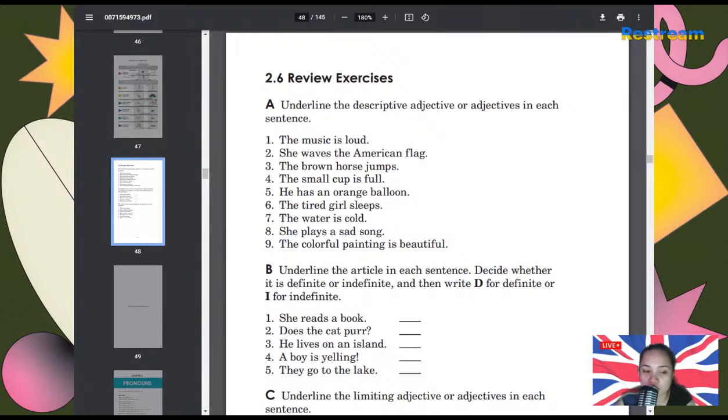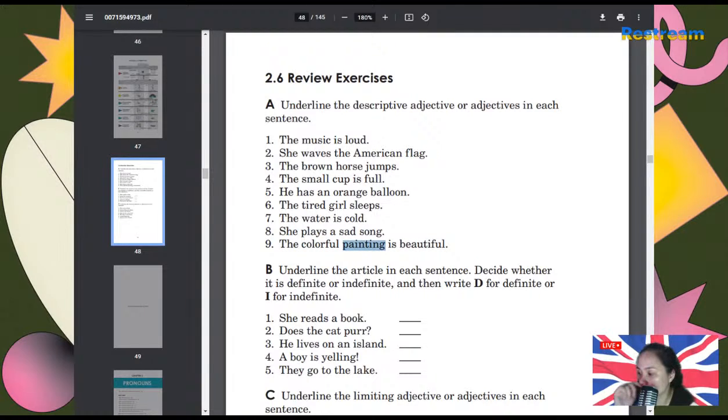So now next one: the colorful painting is beautiful. So this is the last number. The colorful painting is beautiful. So what is the noun? Okay, the noun is painting.